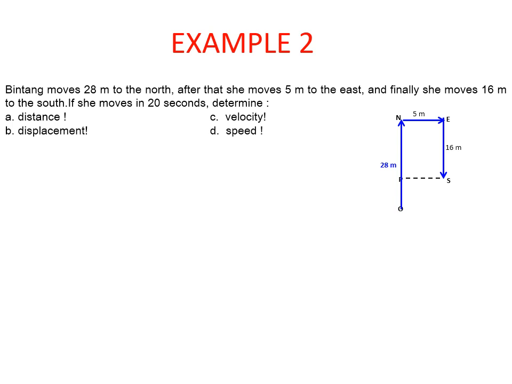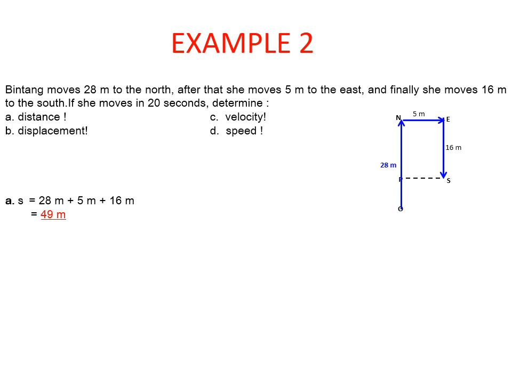So she moved from point O to E and finally to point S. Because of that, the distance equals 28 meters plus 5 meters plus 16 meters. So the distance becomes 49 meters.